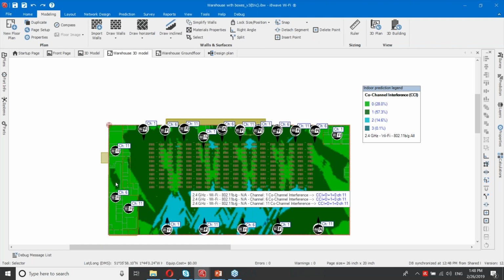Then try to find good directional antennas, external antennas with the narrow beams, and point them directly into the corridor. Do the original design with no shelves. Get a good coverage there, and then model with shelves and fill in the holes. And that's what I did.